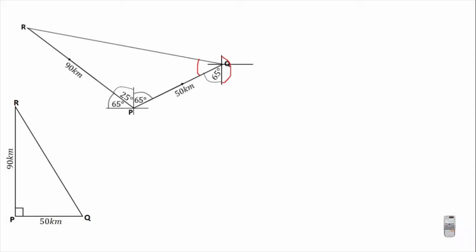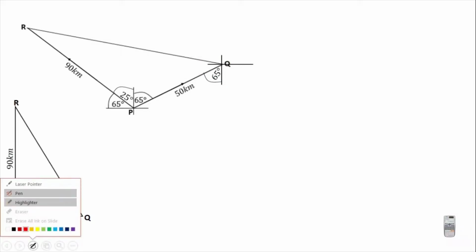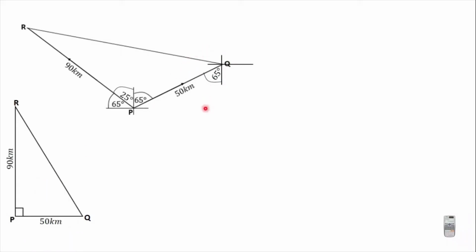So how do we find this angle here? Since it is in the triangle, I am going to call that angle theta. So theta is the angle created at point Q, in the right angle triangle. How do we find the value of theta?